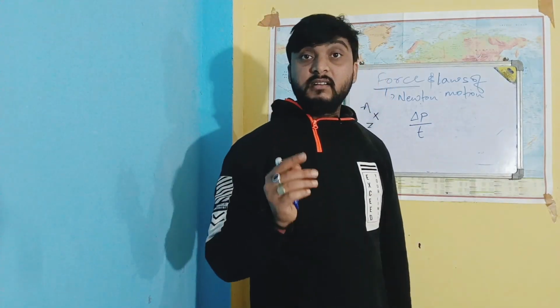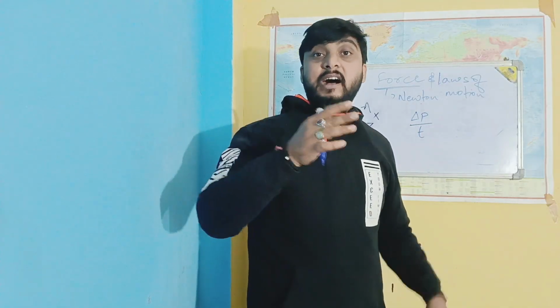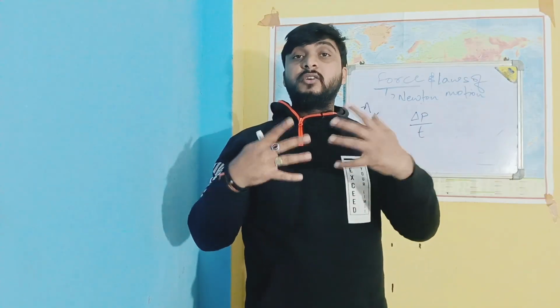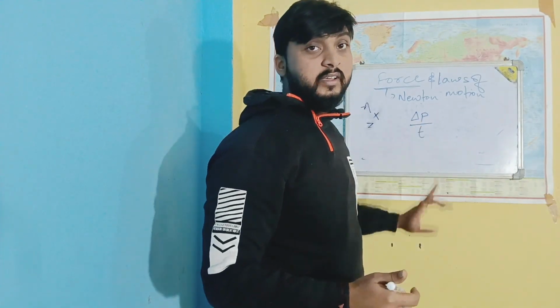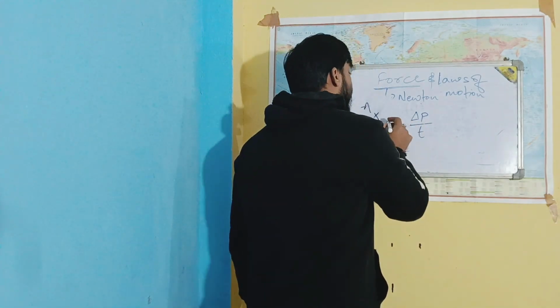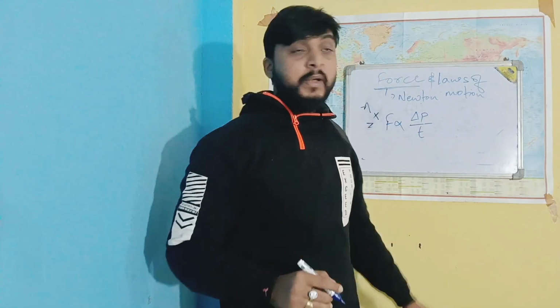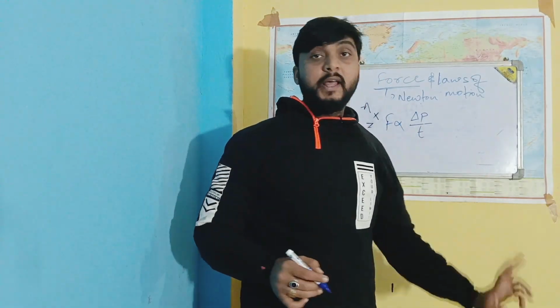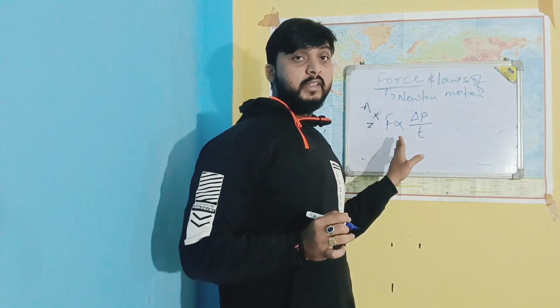The rate of change of momentum. Rate means at which rate it is changing, in how many seconds or minutes or hours the momentum is changing. Right? The rate of change of momentum is directly proportional to the unbalanced force applied in the direction of the object. समझ में आया? How do we write it mathematically?